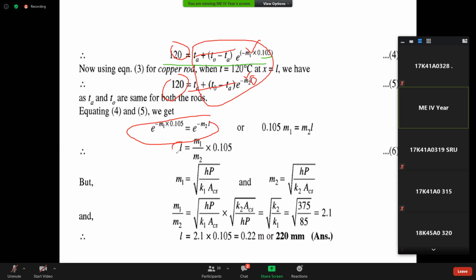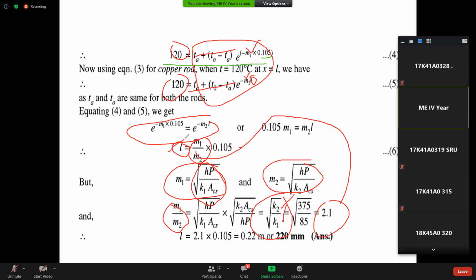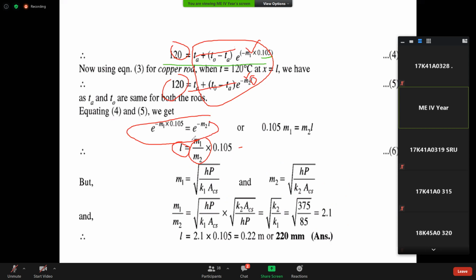We get the L value relation in terms of m1 by m2. I need to find m1 by m2. After cancellation, m1 by m2 comes in terms of the thermal conductivities, K2 and K1. We get this ratio, and if we substitute it here, you will get the value of L. That's what we discussed in the last class.